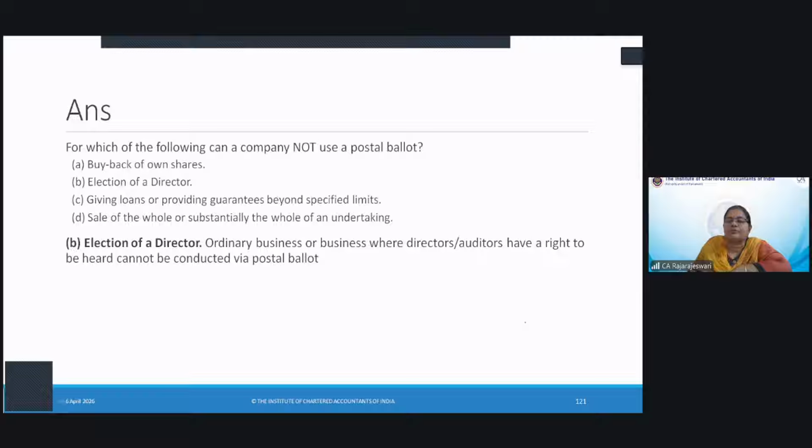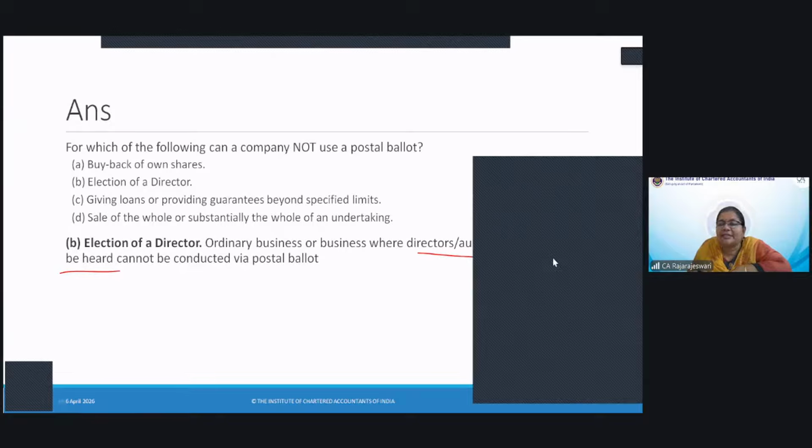That is the rule. So you should give them an opportunity of being heard. So directors or auditors have a right to be heard. So definitely you cannot conduct using postal ballot. Is this clear up to this? Yes, B is the correct answer.